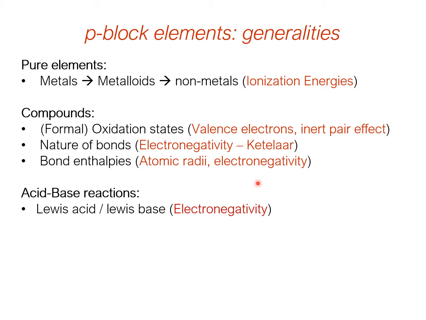And we're going to be looking at trends in atomic radii in a bit more detail in a few slides. And then finally, the reactions of some of them. We've got a lot more Lewis acid, Lewis base reactivity happening. We touched on it a little bit in the hydrogen lectures with the boron hydrides, boranes. And this is due to electronegativity and things like electron deficiency as well.